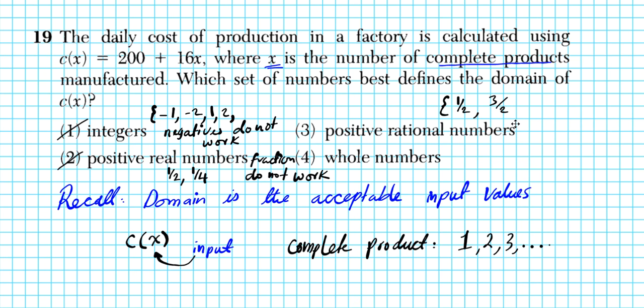These are incomplete products, and they do not fit the description of the domain, which requires completed products. Whole numbers are 1, 2, 3, perfect match. Our answer to question 19, the acceptable domain for this function, is the set of whole numbers.